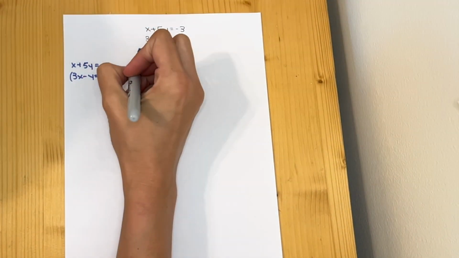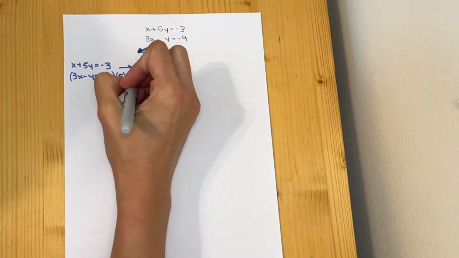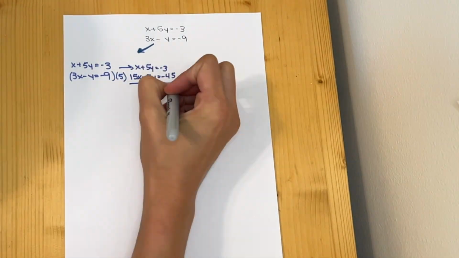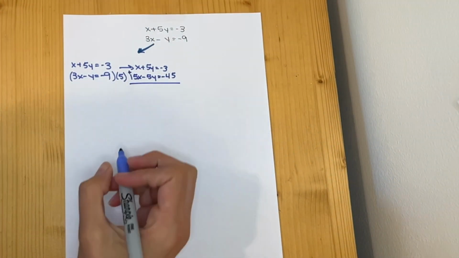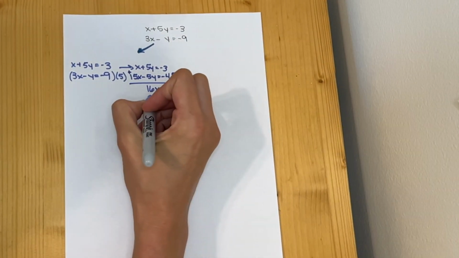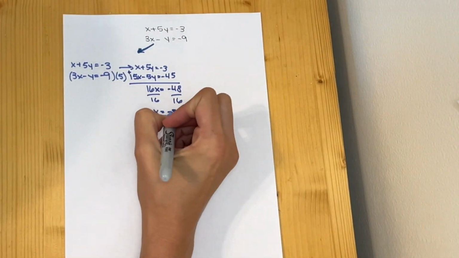So that turns into x plus 5y equals negative 3. We're not touching that first one. And the bottom one turns into 15x minus 5y equals negative 45. When we add those two, we get 16x equals negative 48, divide by 16, and x equals negative 3.